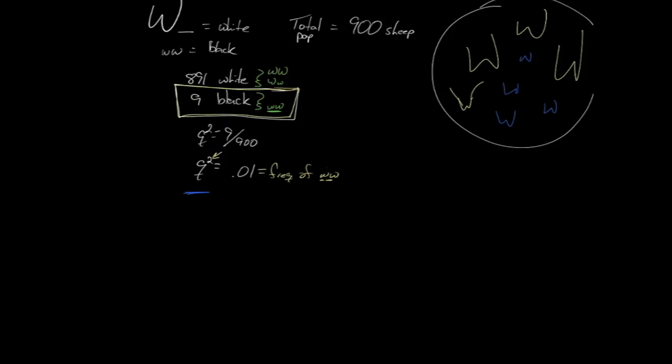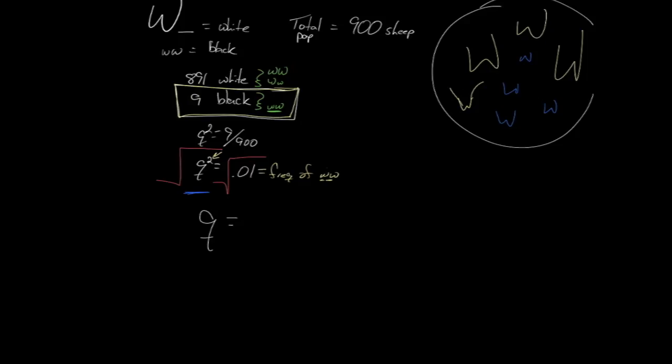So in order to find out the frequency of just the little w's, what you do, can anybody tell me, is take the square root. By taking the square root of both sides of the equation, you're able to mathematically come up with the frequency q.